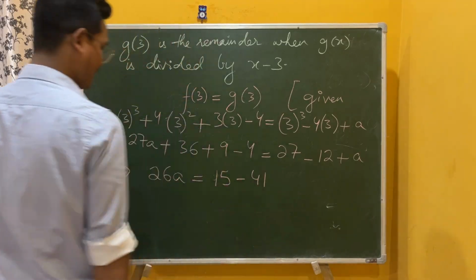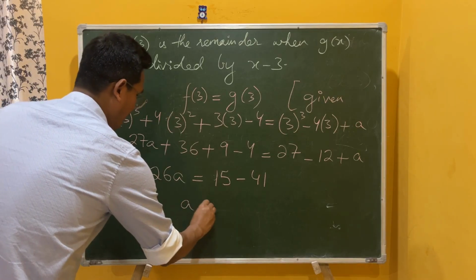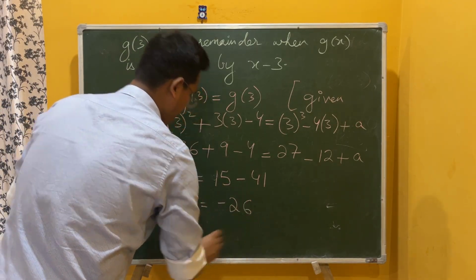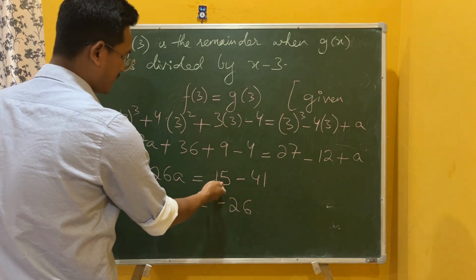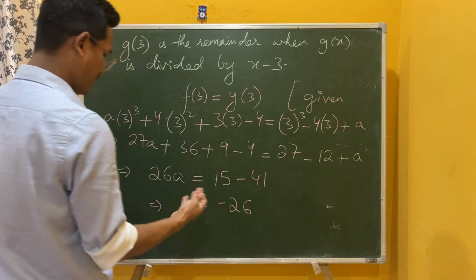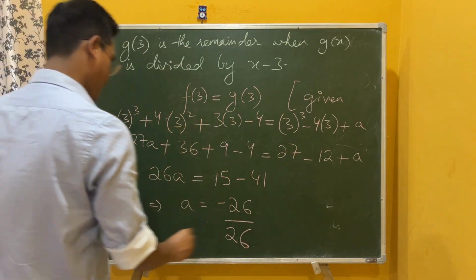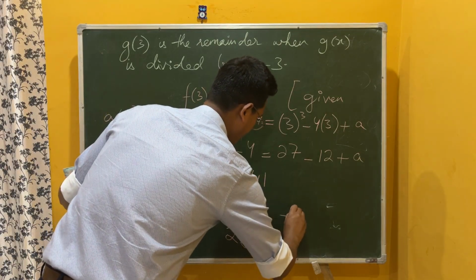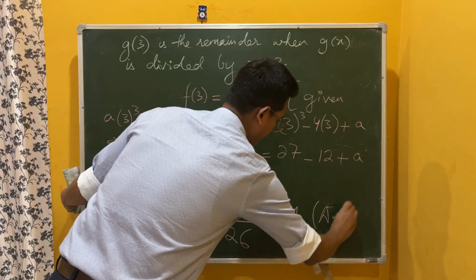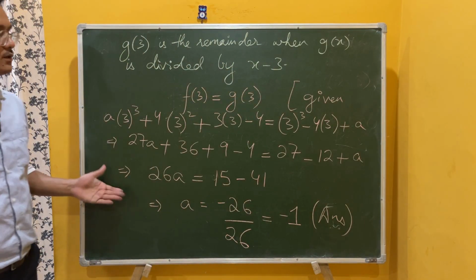So 15 minus 41 is minus 26. So 26a equals minus 26, and your a is minus 1. This is your answer. So I hope you understood.